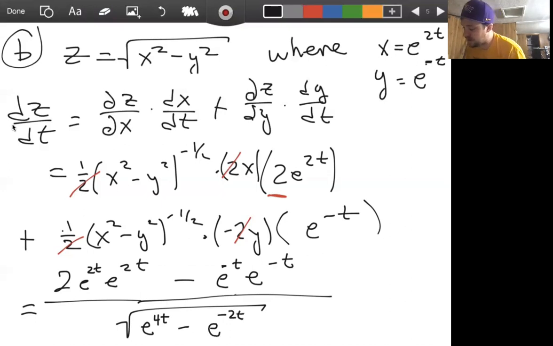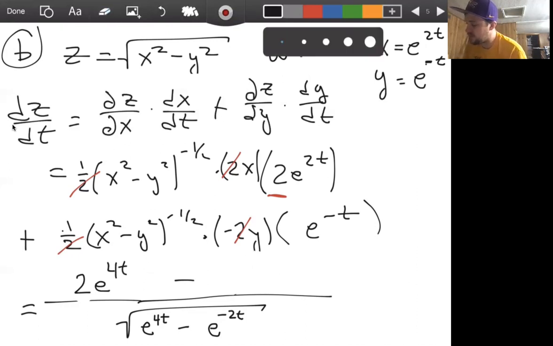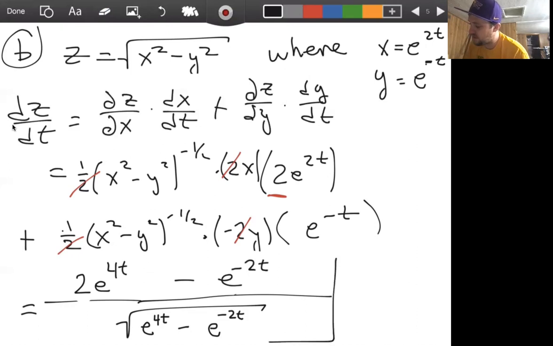And if we simplify the top expression, we're going to get 2e to the 4t minus e to the negative 2t, right? So once we combine this term here, we get 2e to the 4t, and then we combine the product of these two exponential functions. And we know when you take the product of the exponential, you add the exponents, and it was negative t minus t, which is minus 2t.